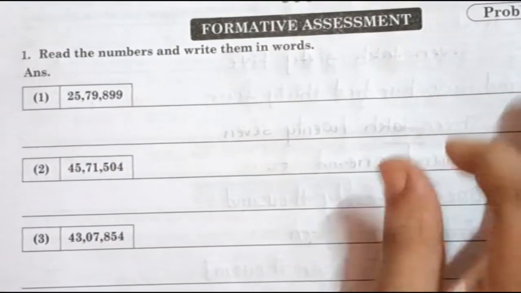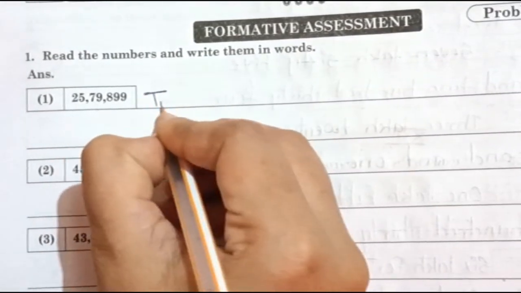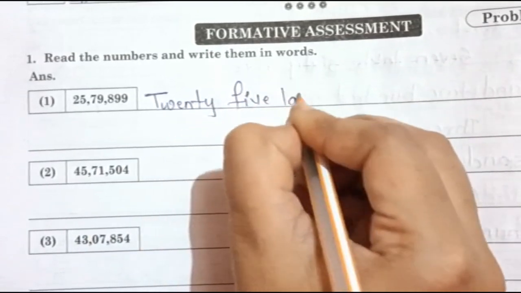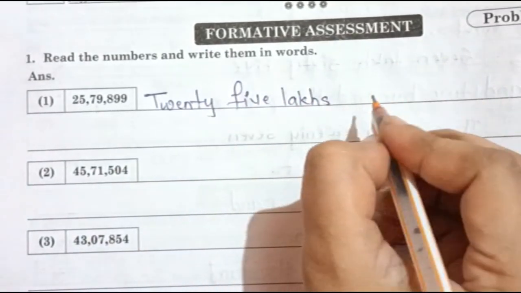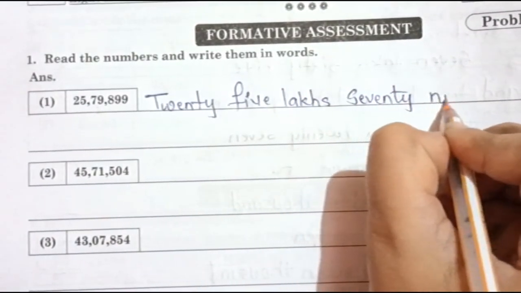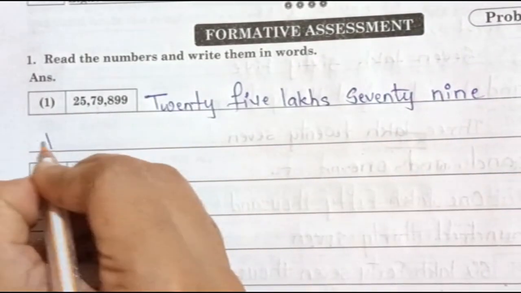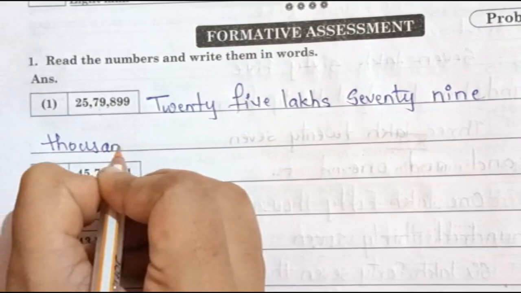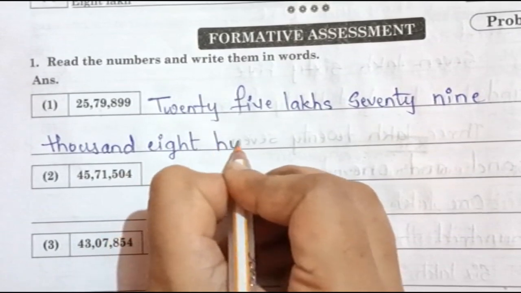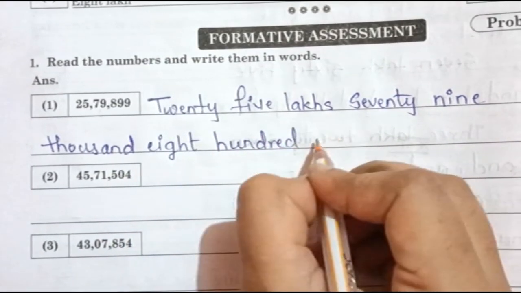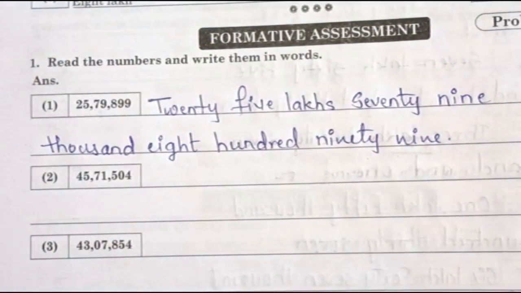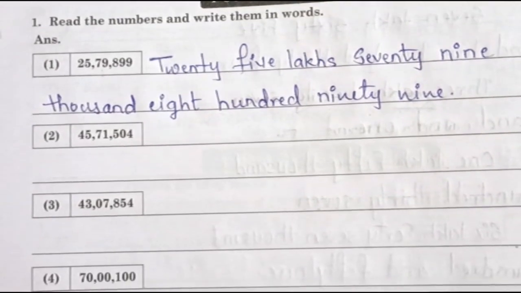So you will write it as 25 lakhs 79,899. Clear, first one?